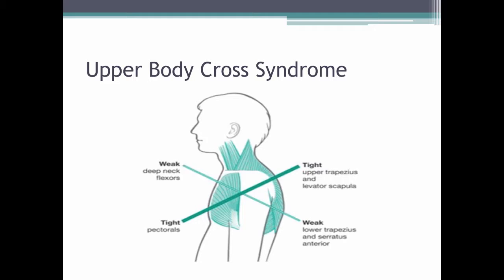So the upper traps and the levator scapulae are tight. And then you have tight pecs, and then you have weakness in the lower trap and the serratus anterior. So that's what we see from this chronic posturing: weakness on one side, tightness on the other.